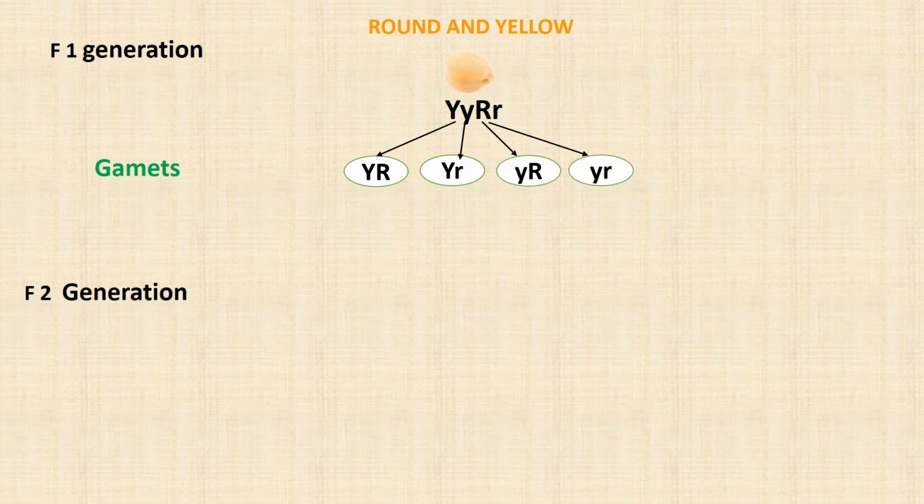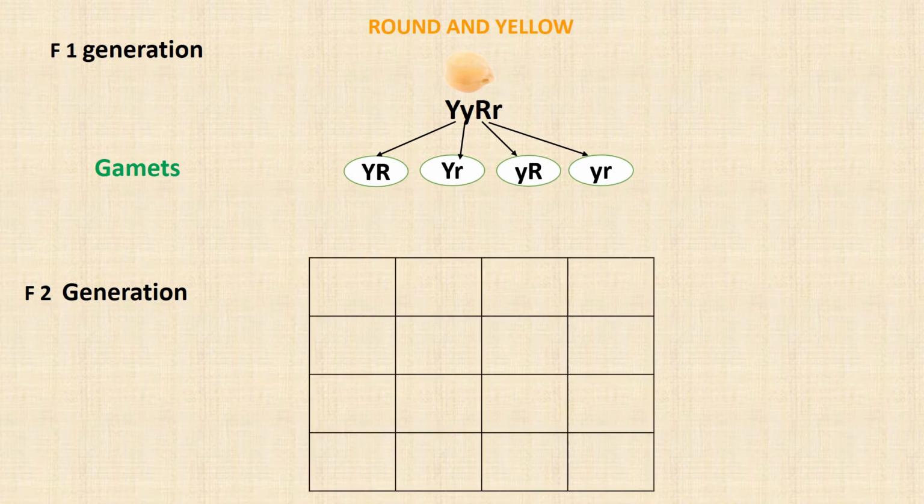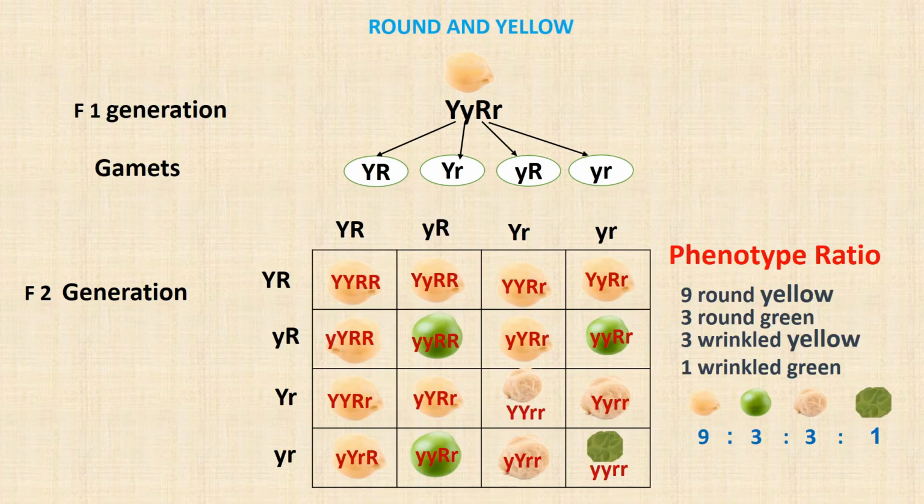So drawing a Punnett square, on the left side we write the gametes of the first plant and above the box we write the gametes of the second plant. And in the 16 boxes they form 16 different types of plants.